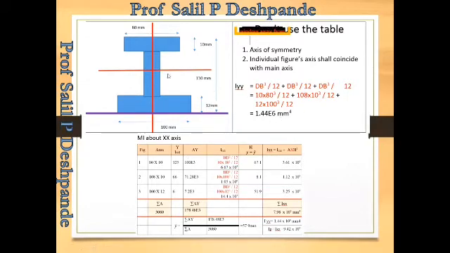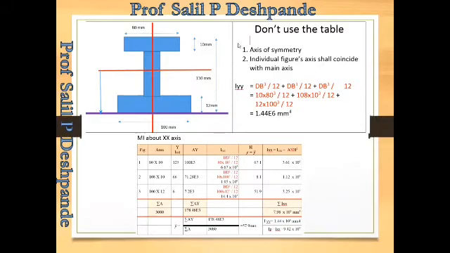Now when you have to calculate IXX, this x-axis has been marked, but this x-axis is the x-axis of the entire I section. This is not the x-axis of the individual figures.